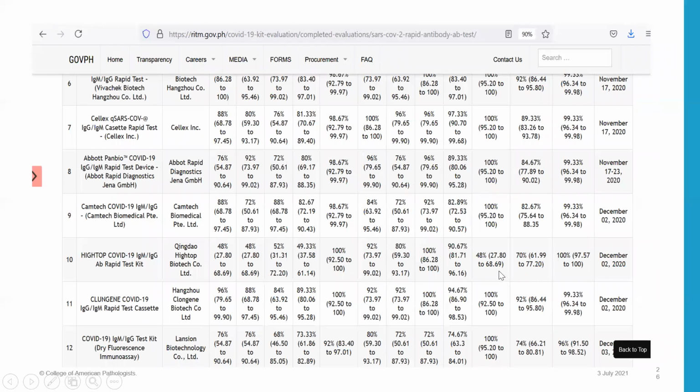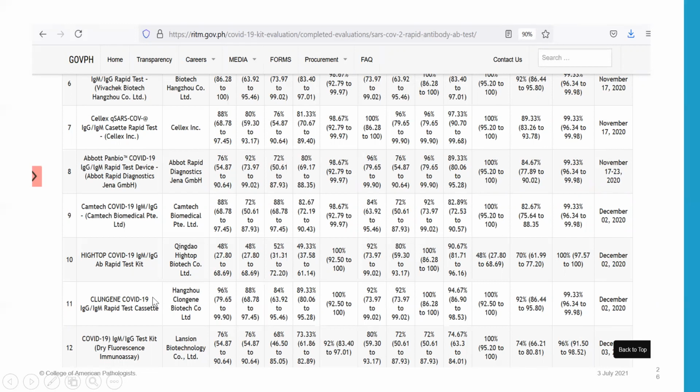And in our study, for example, we use Celex, and at least it was acceptable, around 89 sensitivity and specificity of 9.